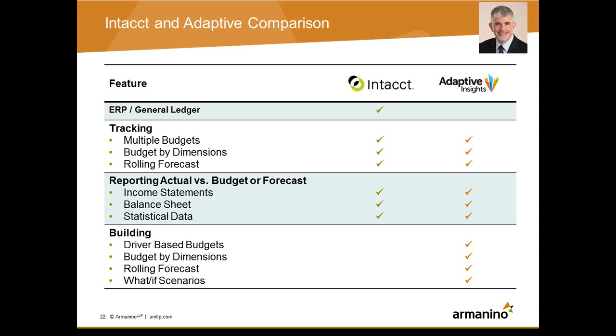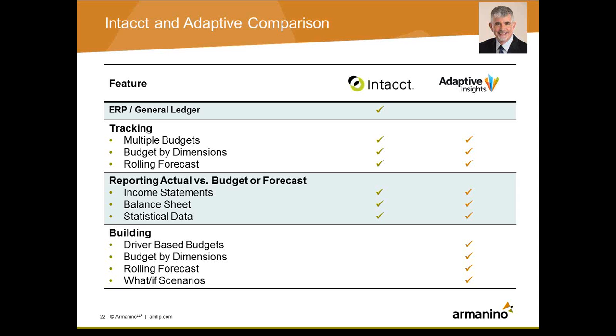Different people will use the systems differently. Every client will use them differently. And Scott will talk about that a little more in a moment. But the key thing here is that yes, both systems can do all of these things. They both do them very well. And it really depends on how you want to use them and what your function is within the company, which system you'd use.